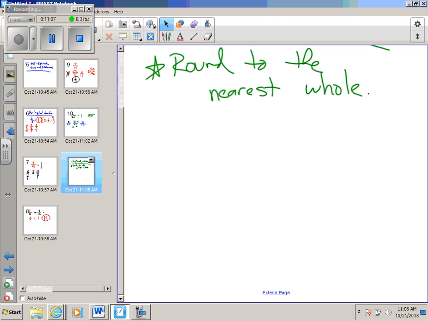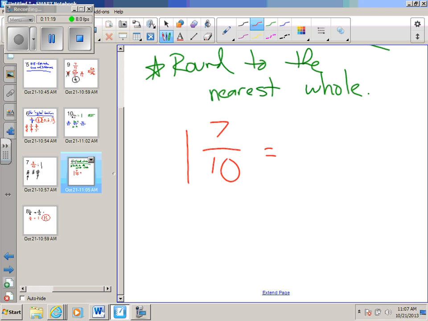So let's take a look at a mixed number like 1 and 7/10. Now, if I were putting this mixed number into decimal form, remember this is a power of 10. It's got 1 0, so one place after the decimal. As a decimal, 1 and 7/10 looks like this, right?